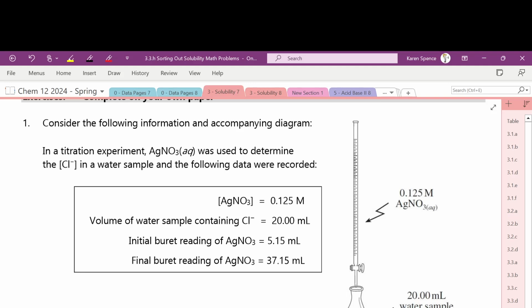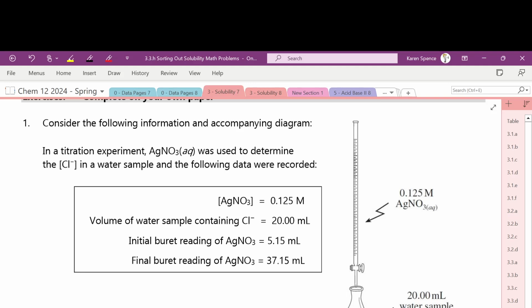Okay, so it is a titration. So what kind of reaction do you want to write? Precipitation. So who is the precipitate when you mix these two things? AgCl. So you want to write the precipitation reaction for AgCl, right?